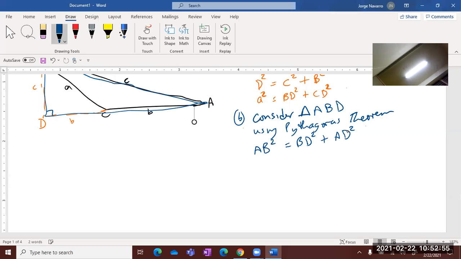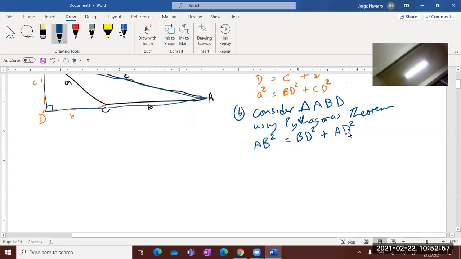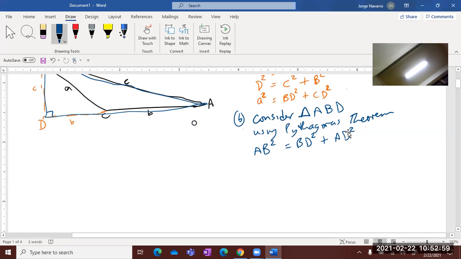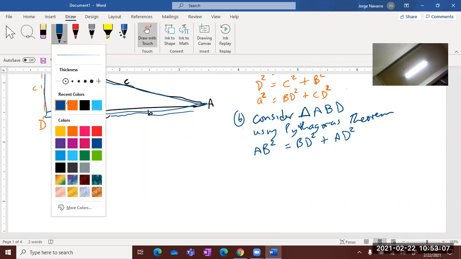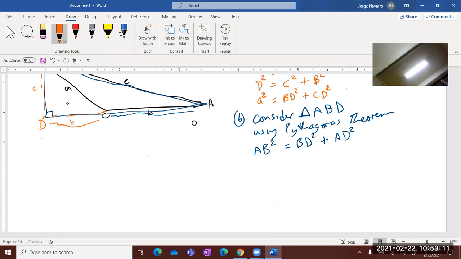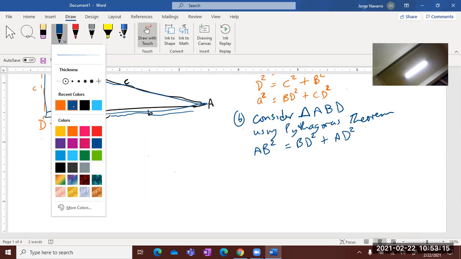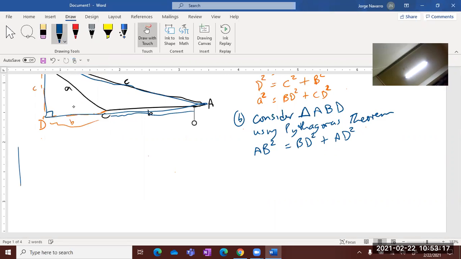Now the problem with this is that AD has a real part, which is this part, and an imaginary part, which is this part right here. So I need to work that out. I need to deal with that, all right?